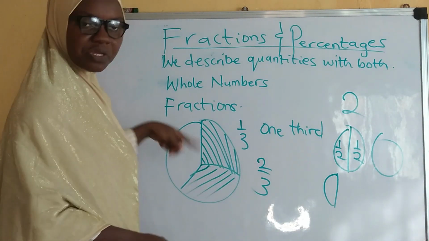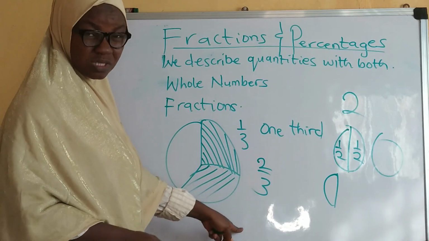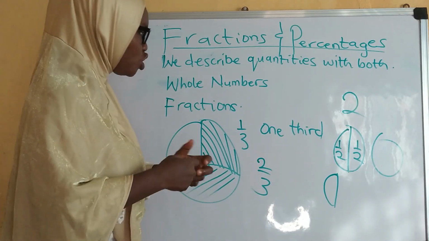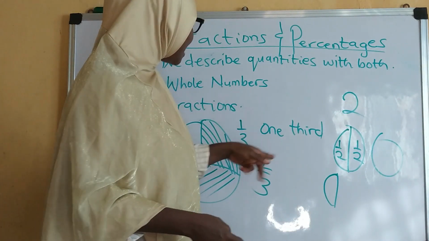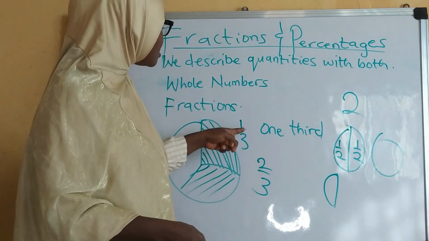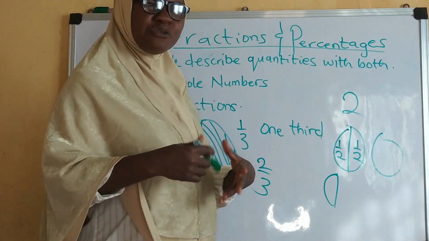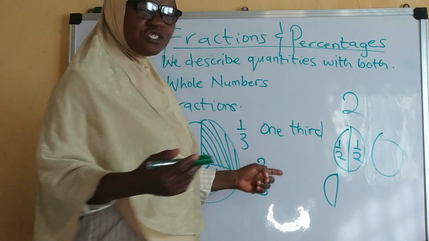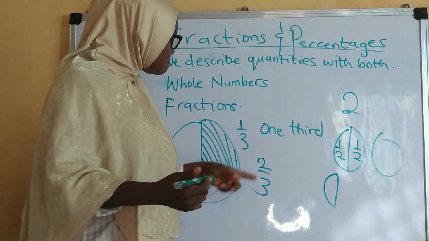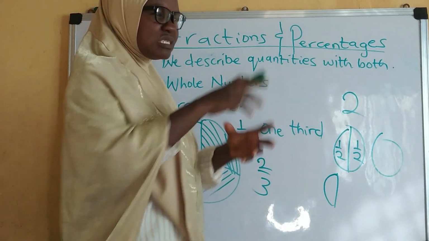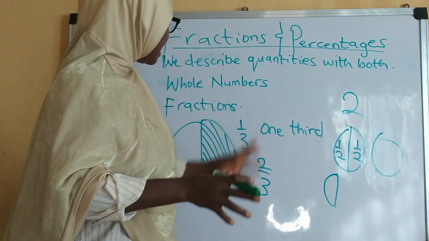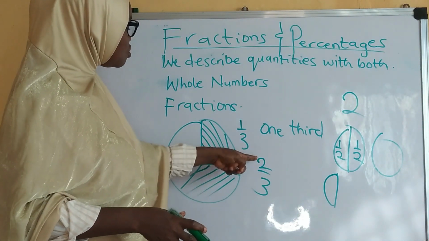Does that make sense? So basically, whole numbers are numbers that you're not dividing at all, while fractions are the ones that you are dividing. Fractions are not whole numbers. Fractions are just used to describe a part of a whole thing. You can see that this 2 is just describing a part, 2 parts out of this whole.